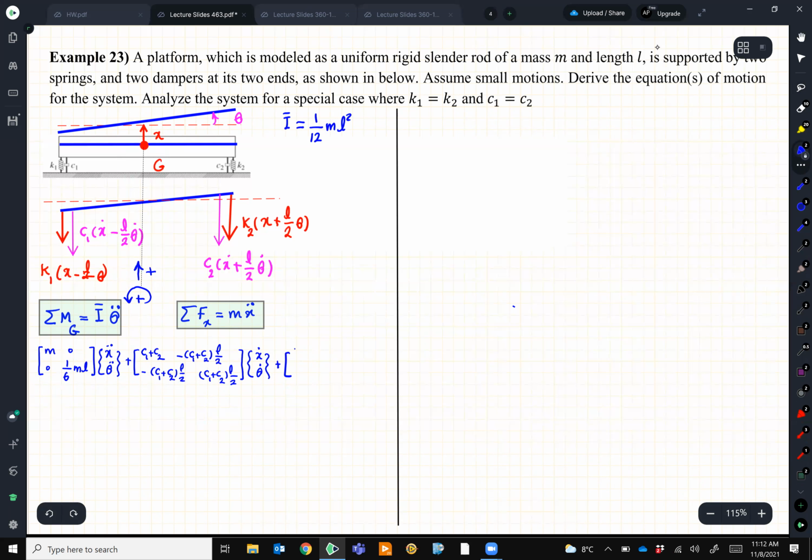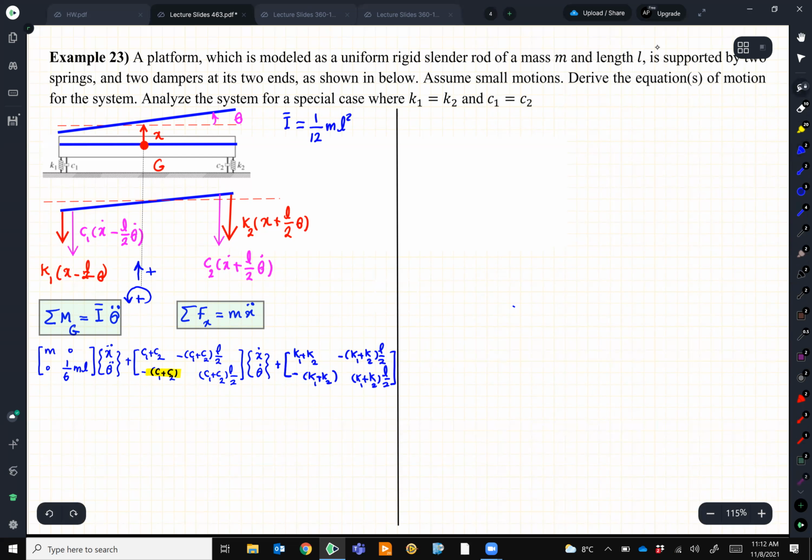And then I have the K matrix, K1 plus K2, K1 minus K2 times L over 2, and then K1 minus K2, and this one doesn't have L over 2. Please correct the damping matrix. And this one is K1 plus K2 times L over 2.